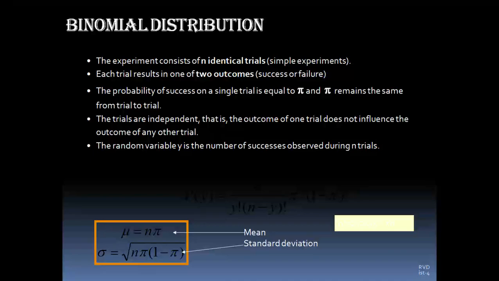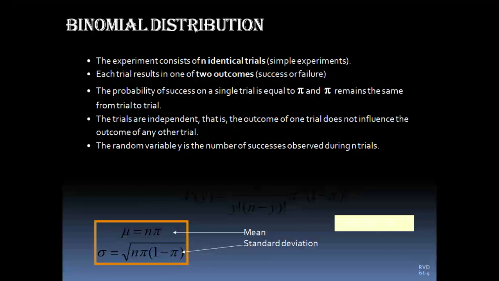Binomial distribution: the experiment consists of n identical trials, simple experiments. Each trial results in one of two outcomes, success or failure. The probability of success on a single trial is equal to pi, and pi remains the same from trial to trial.